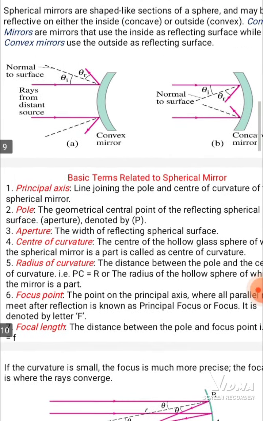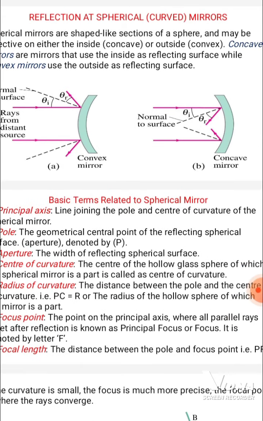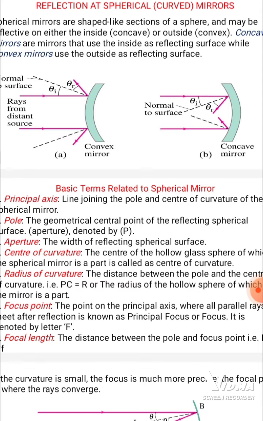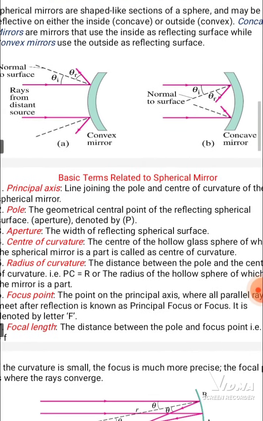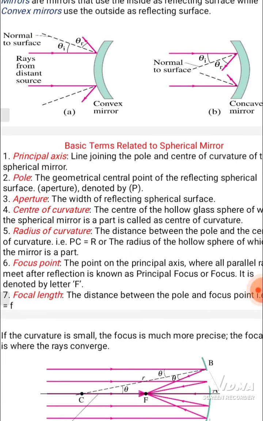So the next one is the pole. If you look at the principal axis, the pole is actually the center of the mirror. The straight line that gets to the center of the mirror and does not bend is called the principal axis. Then the pole, which is denoted by P, is the geometrical central point of the reflecting surface of the mirror.